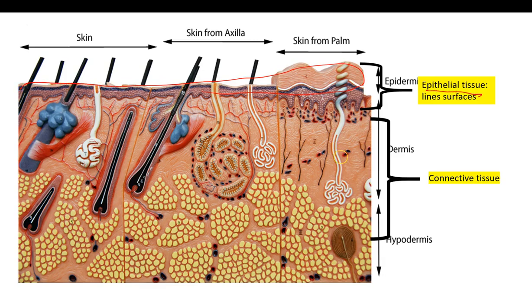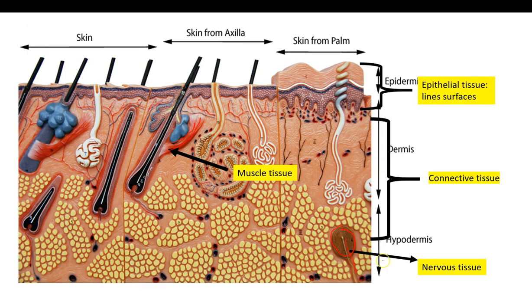Below epithelial tissue, there is always connective tissue. This will be connective tissue underneath the epithelial tissue of the skin. Muscle tissue is present in the form of small muscles that attach to hair. Nervous tissue is present in the form of receptors.